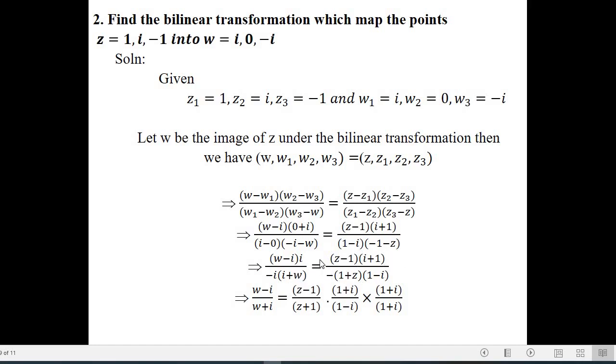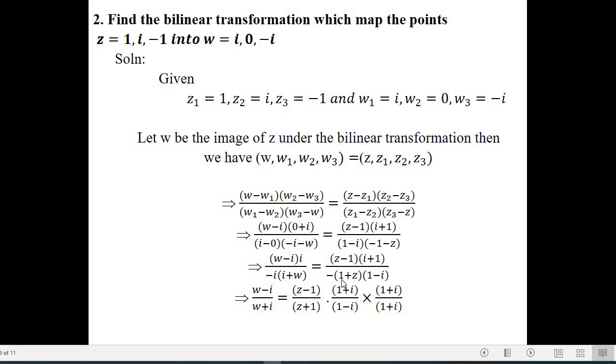Now if you observe the numerator and denominator in the LHS, numerator i and denominator i get cancelled. Similarly in the LHS and RHS, in the denominator minus gets cancelled. What is the remaining term? w minus i divided by w plus i in the LHS, that is equal to, in the RHS we write these terms first, that is z minus 1 divided by 1 plus z.